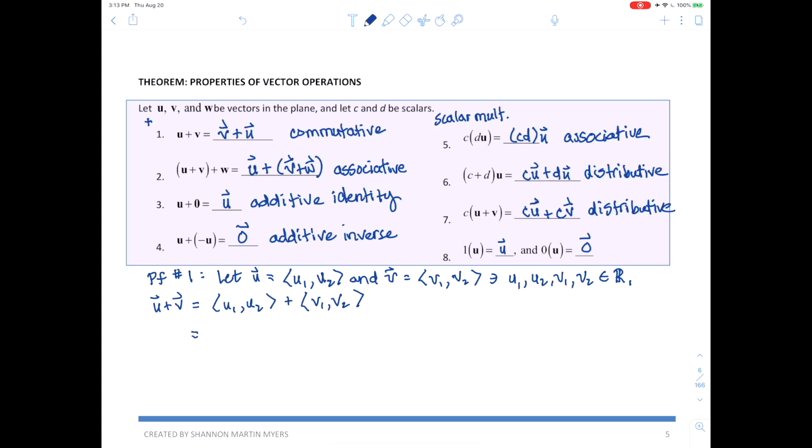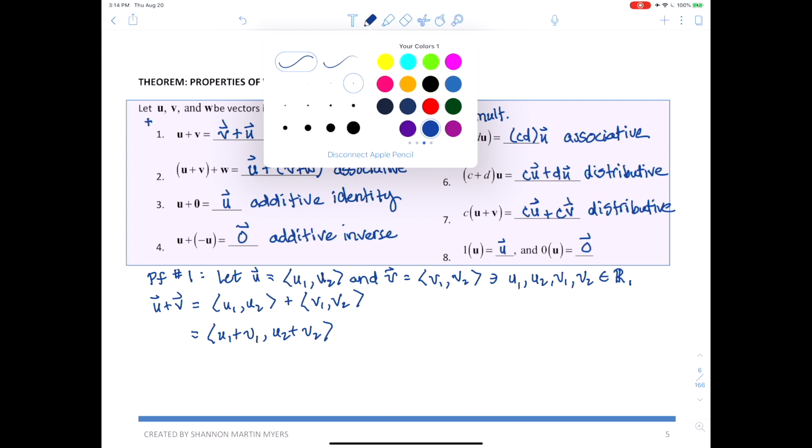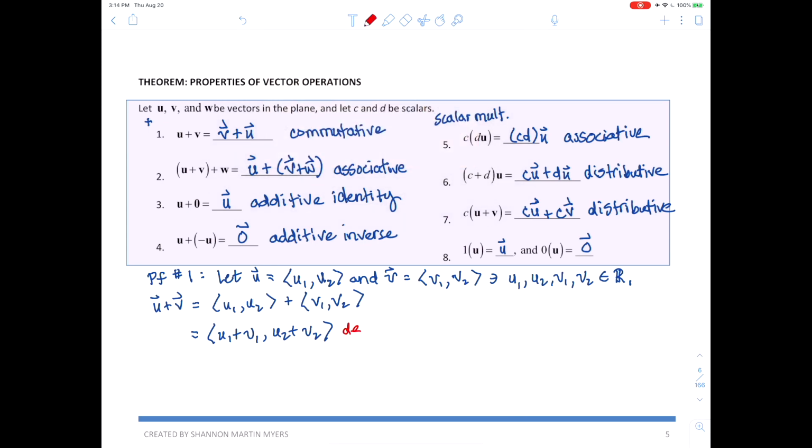Now, by definition of vector addition, what do we have? This is going to be (U1 plus V1, U2 plus V2), and that's by definition of vector addition.